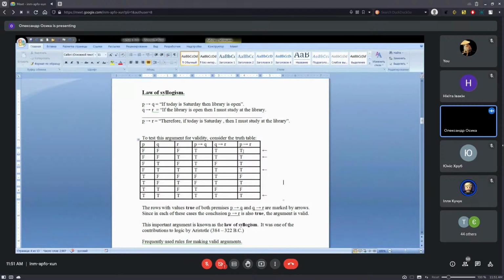Now P implies R. From false, never mind what it is, it is also true. From false, again, for the same reason, P implies R is true. From false, this is true. And finally, P is true and R is also true here. Okay.